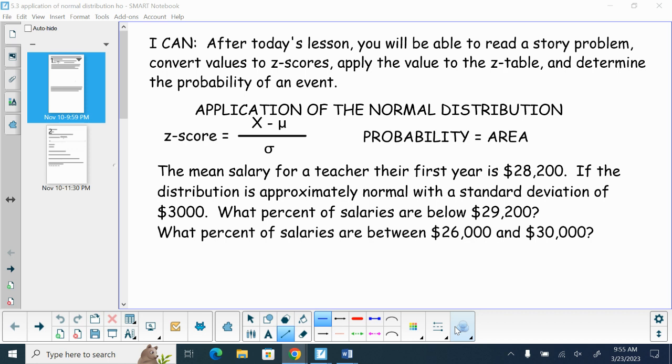Okay, and what we're going to do today, the only difference from what you did yesterday, is that on all your worksheets yesterday, I gave you the Z values, and you had to look up that Z value and do your bell-shaped curve.